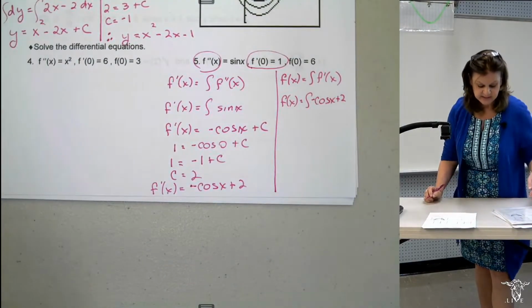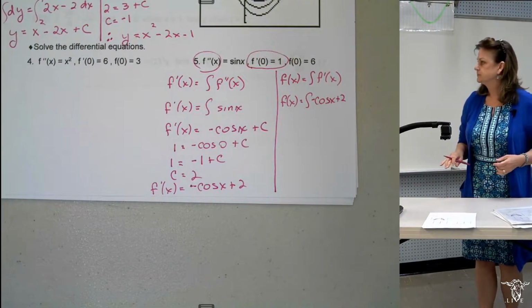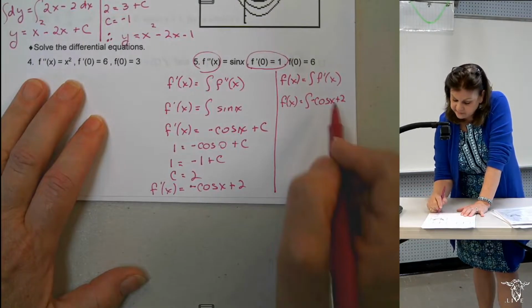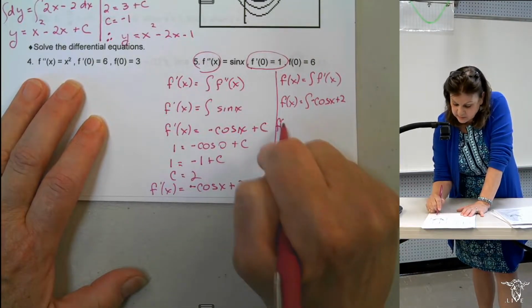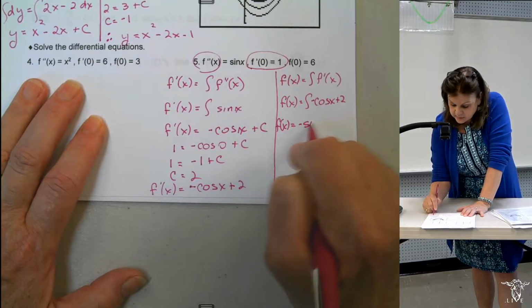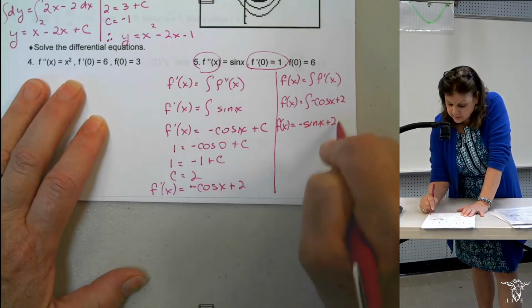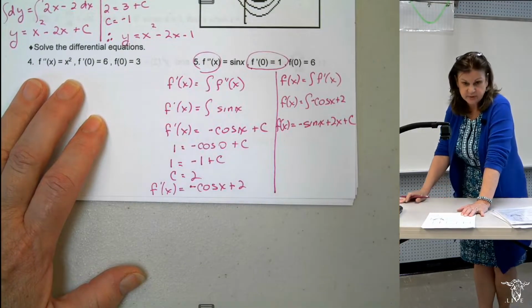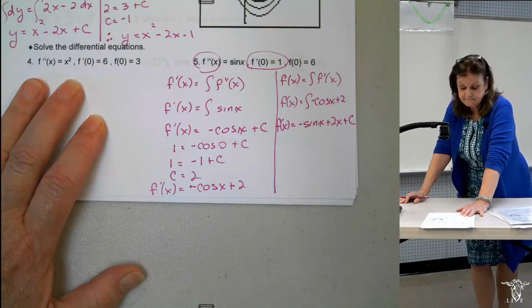You can write the dx, but it's kind of understood at this point. All right, so here we go. Our antiderivative, that's kind of hard to see, sorry. Negative sine x plus 2x plus c.